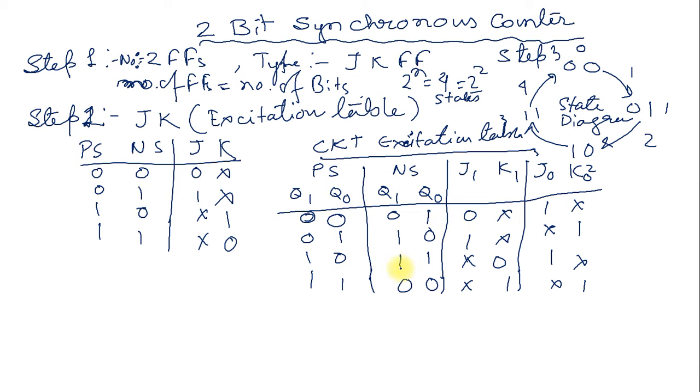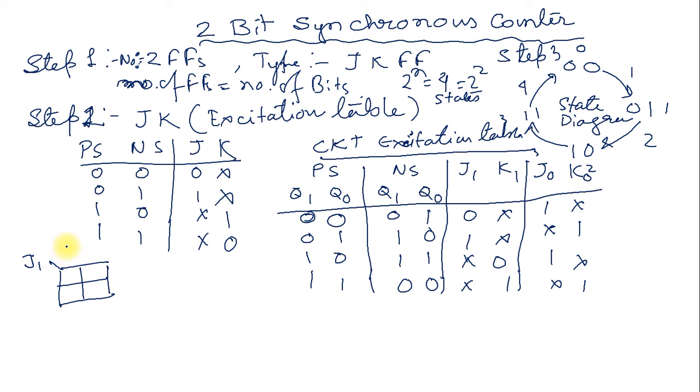Basically the combinational logic circuit will be formed from this excitation table. So from this excitation table we can get the Boolean expressions of J1 K1 and J0 K0. For J1, I can write the K-map of J1; there are 4 combinations.